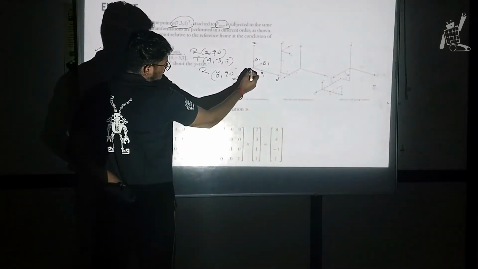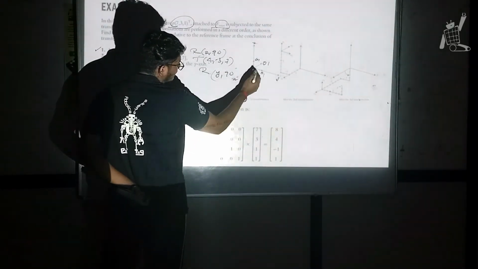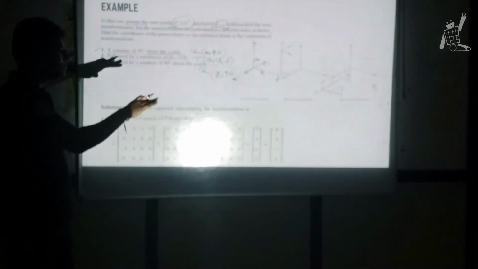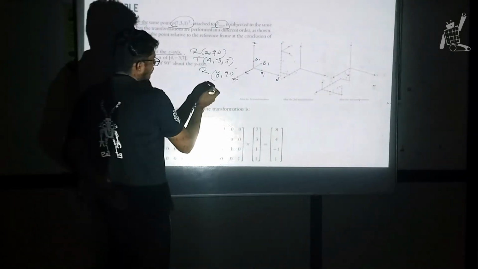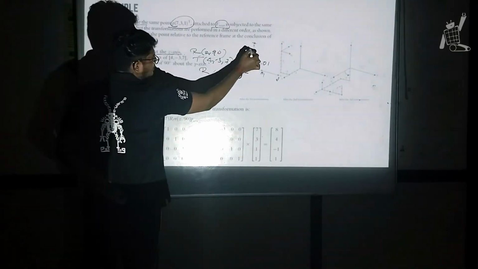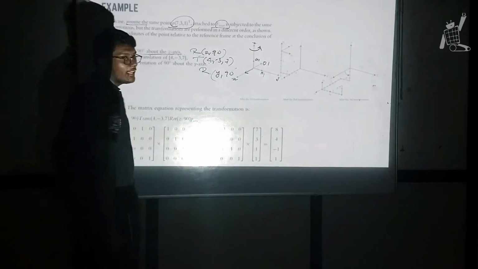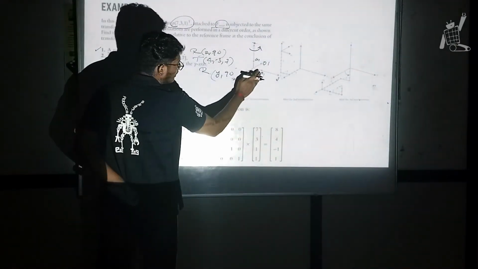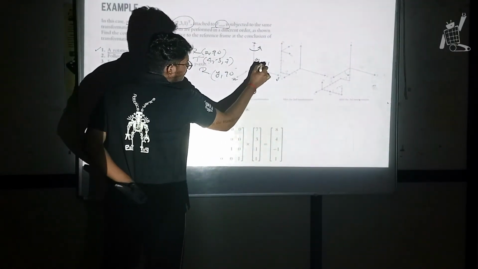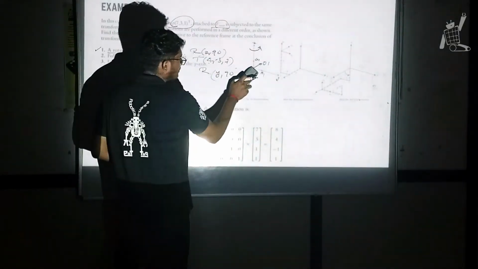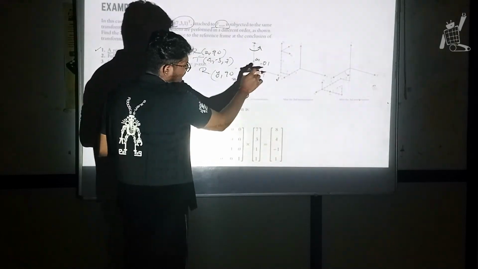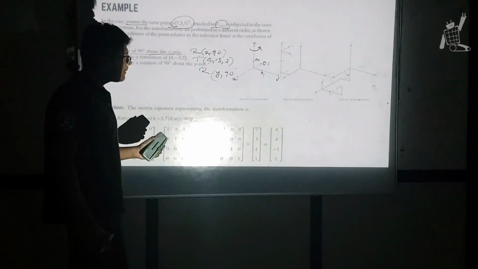Initially all the axes are collinear, aligned with each other. When it undergoes a rotation with respect to the z-axis by an angle of 90 degrees, the y-axis will be in this direction. That is represented by this.